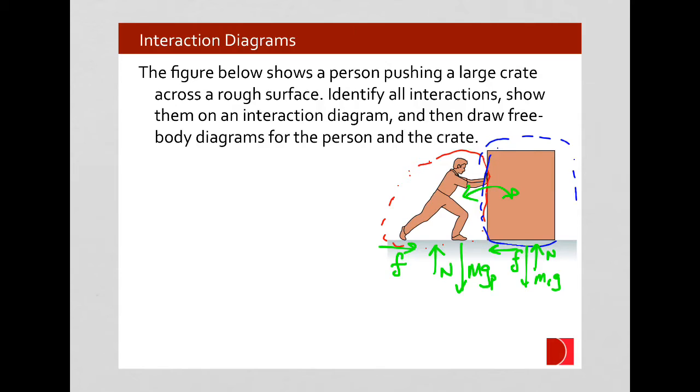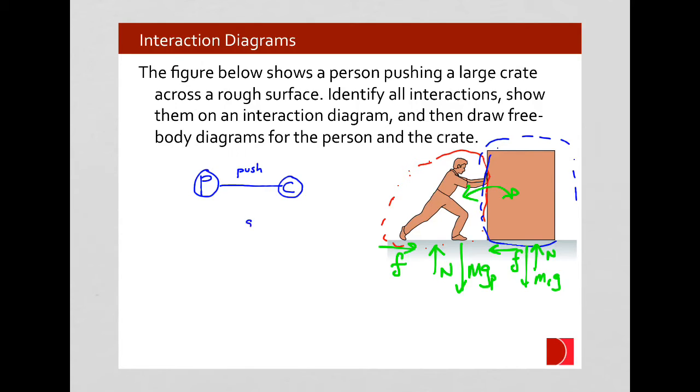Now we want to draw an interaction diagram. And in an interaction diagram, we want to draw circles representing the person and representing the crate. And we know that there's a force acting between those two. That's the force of the push that the person is applying to the crate.